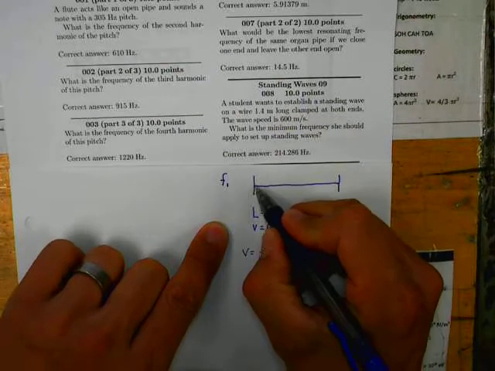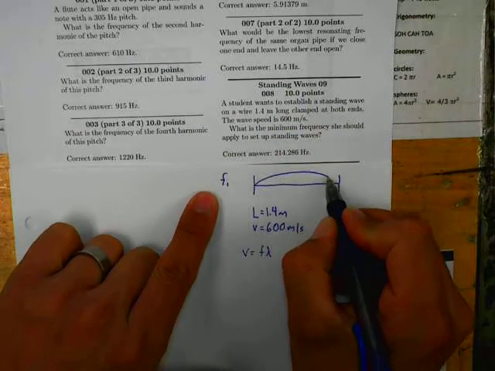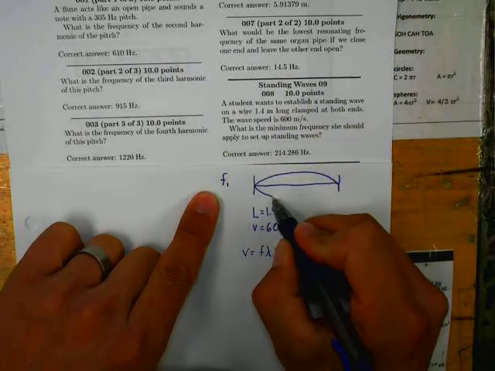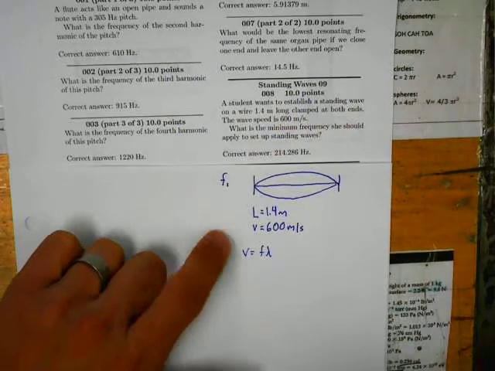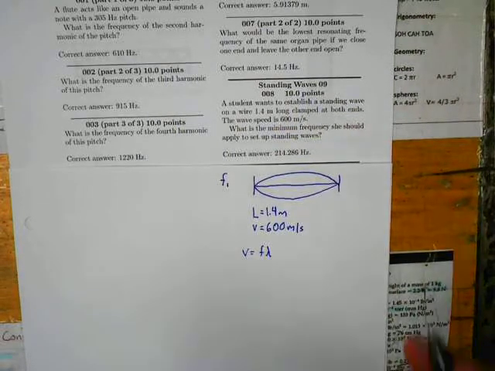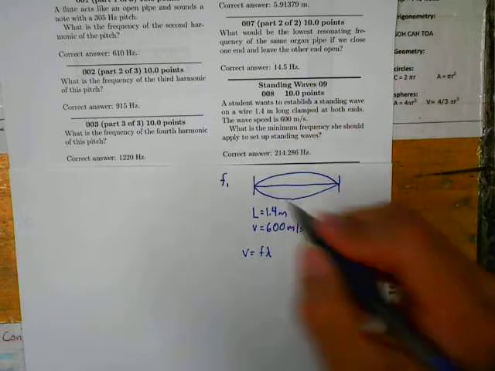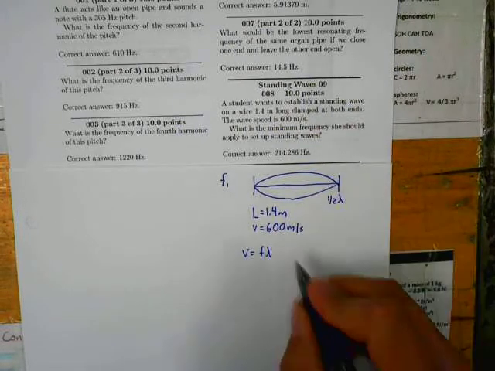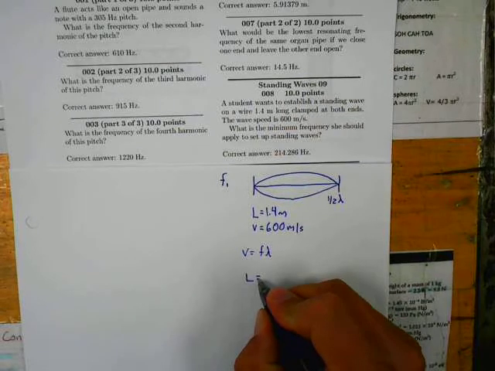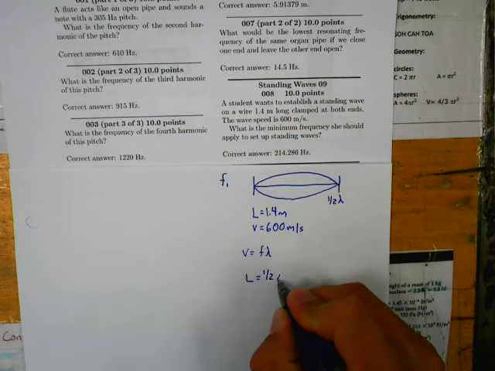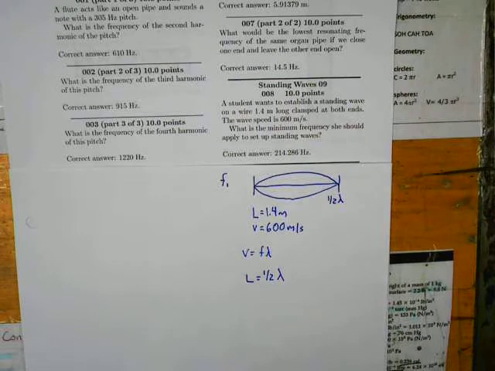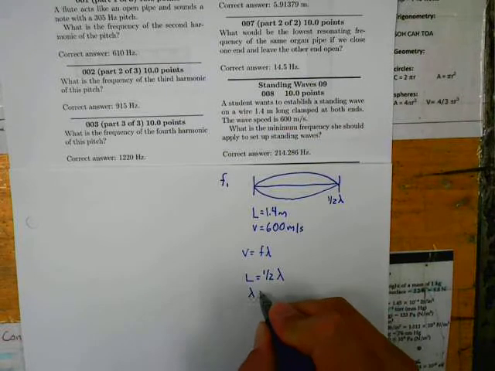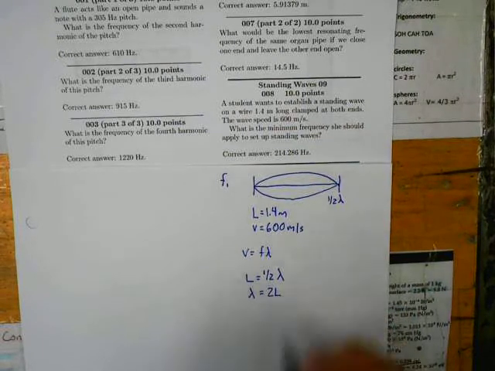So it's going to look like this for F1. It's going to be a torpedo football shape, one loop. And we know that this is 1/2 of a wave. So we can say that L equals half lambda. Or lambda equals 2L. Okay, so now it's pretty easy from here.